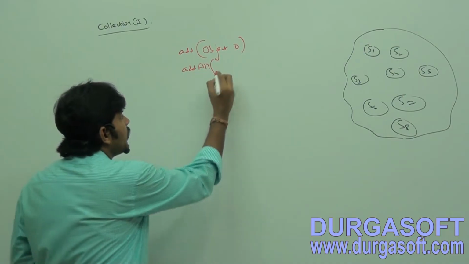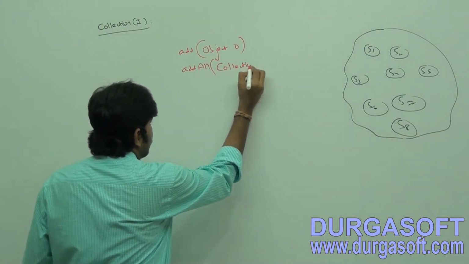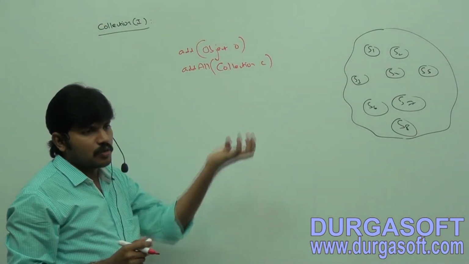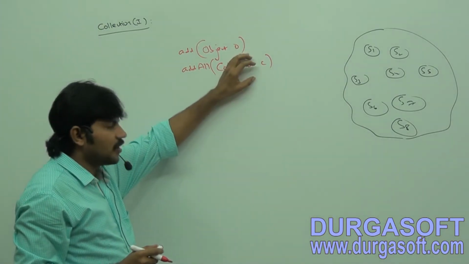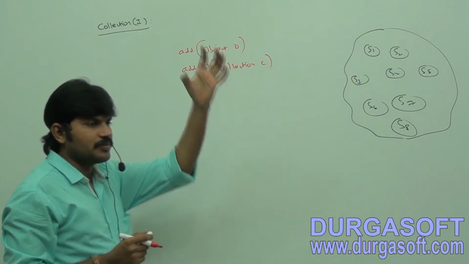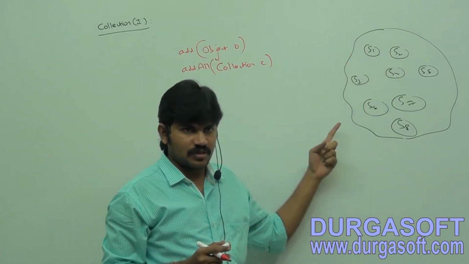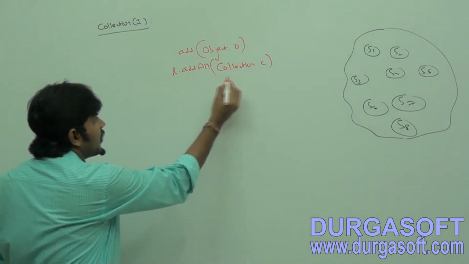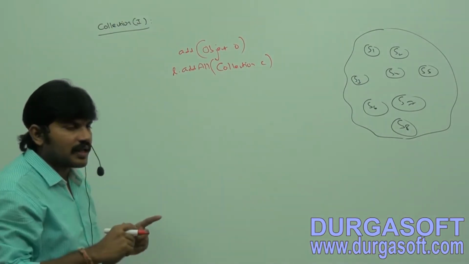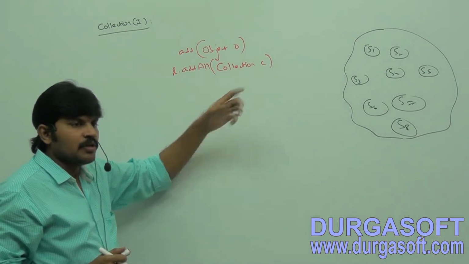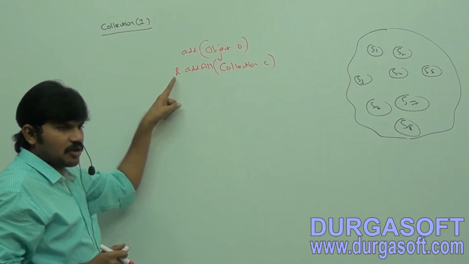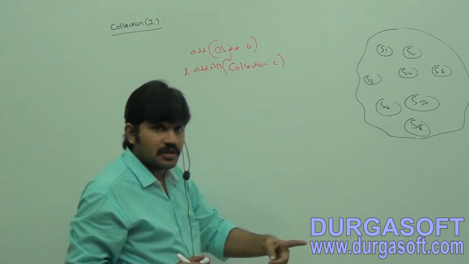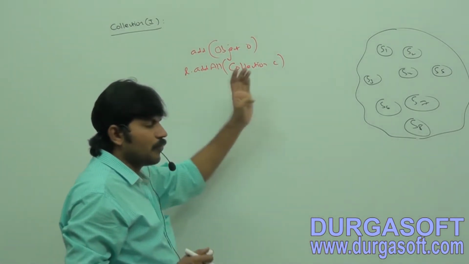So addAll(collection): in this collection 10 objects are there, and all these 10 objects will be added to the main collection object. Suppose l.addAll(c): whatever the 10 objects present inside collection c will be added to this ArrayList object. Are you getting that? So the add method adds a single object, and the addAll method adds a group of objects.